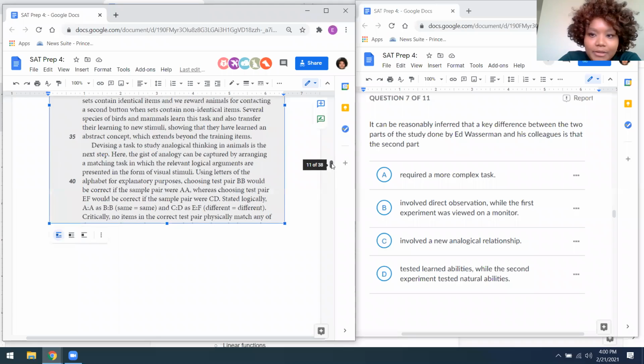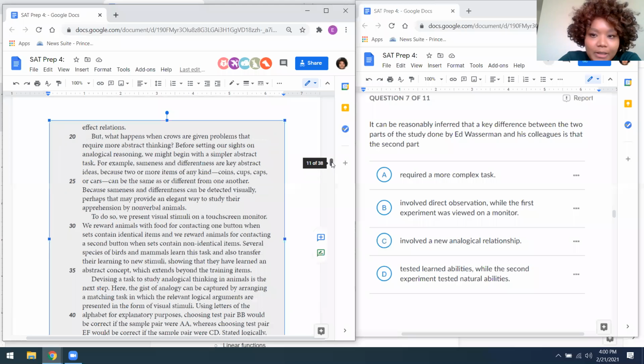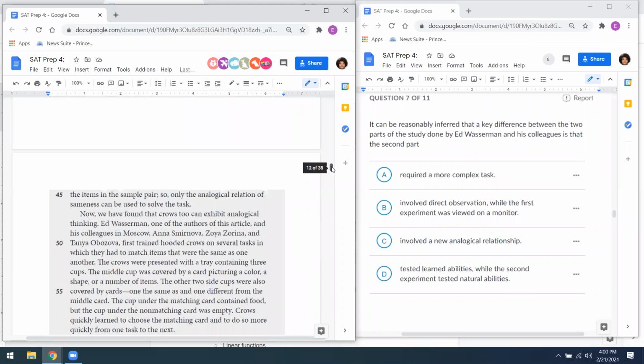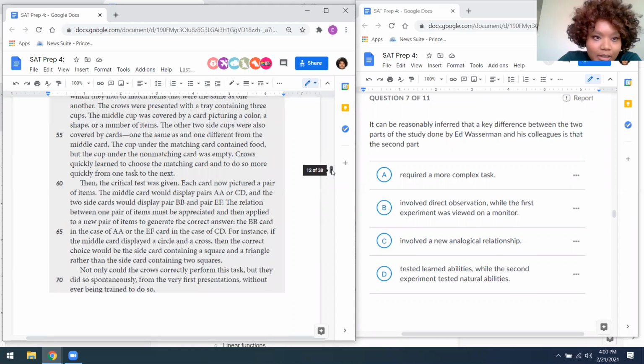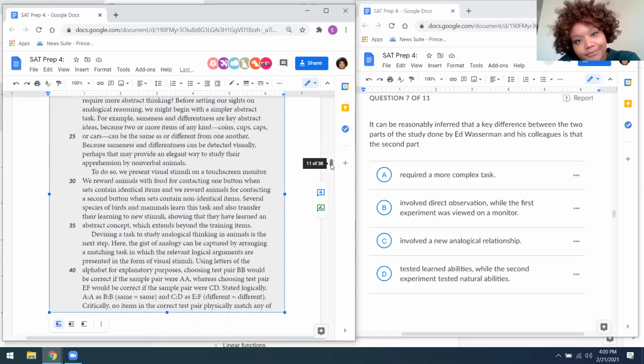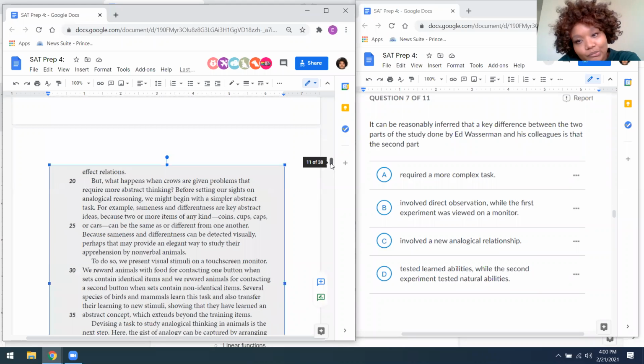No, that is referring to the animals. They viewed the first one on a monitor, and then the second one they used cards. So that was direct observation, but it's not like a key difference. So that one's tricky.